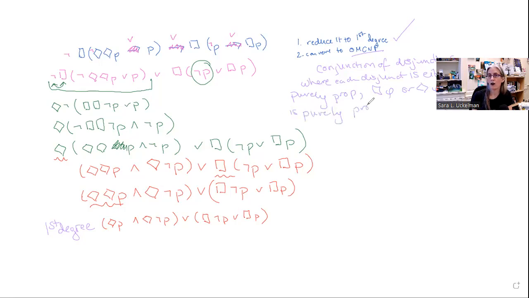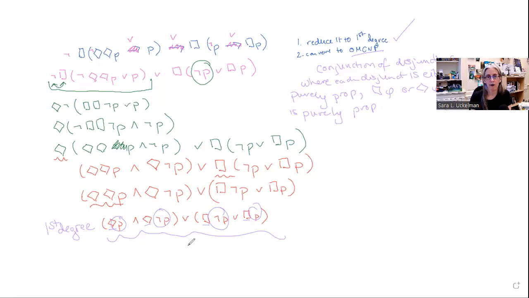So you can already see why reduction to first degree is going to be good, because now all of the little components that we have are the right kind. So they are either a box followed by something that doesn't have any modal operators, or it is a diamond followed by something that doesn't have modal operators.